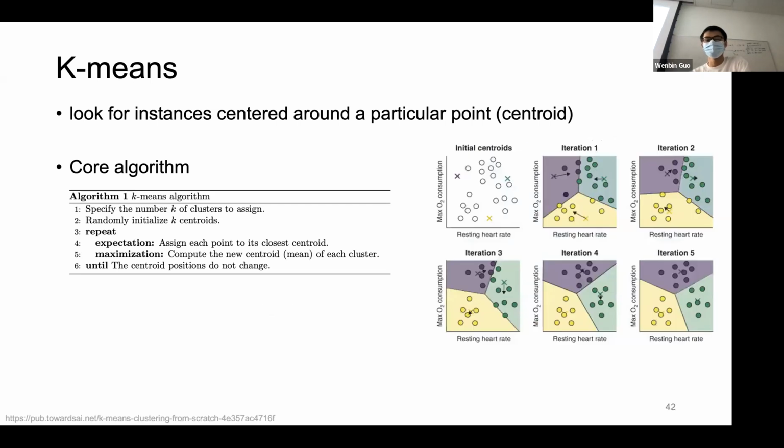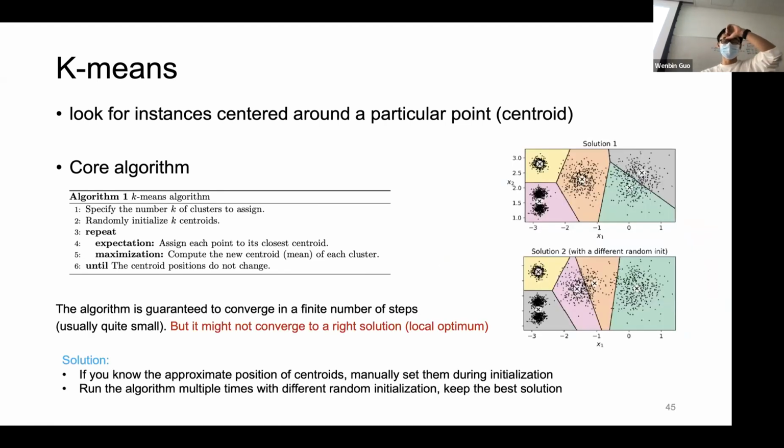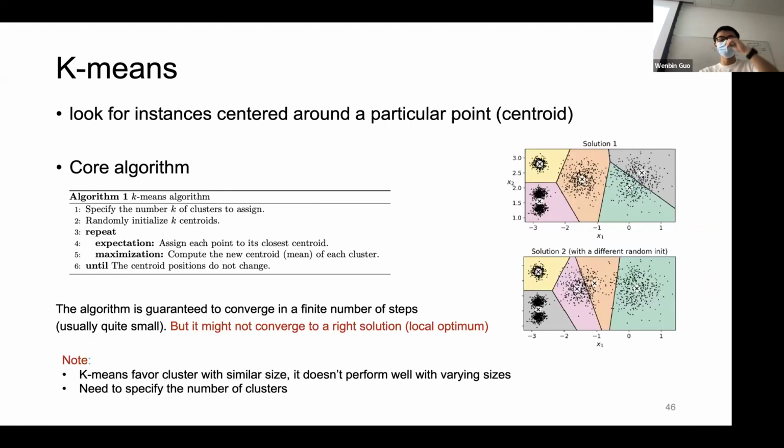For the very first step of initialization, we need to know the number of k to make the algorithm work. But later, in the Jupyter notebook, I will teach you that there is actually a solution that guides us to find a good k, the number of clusters.